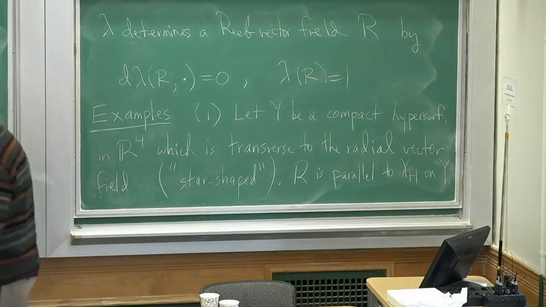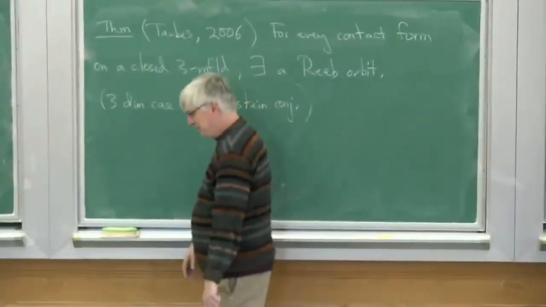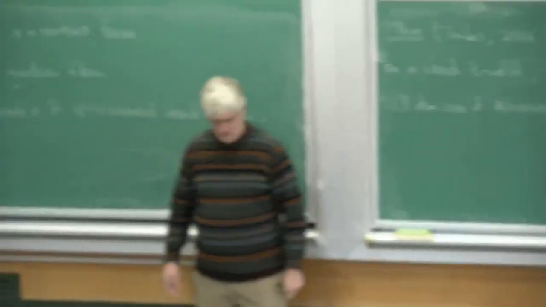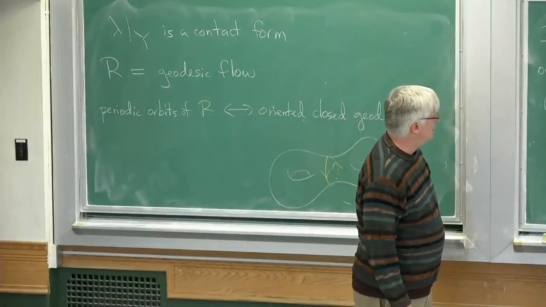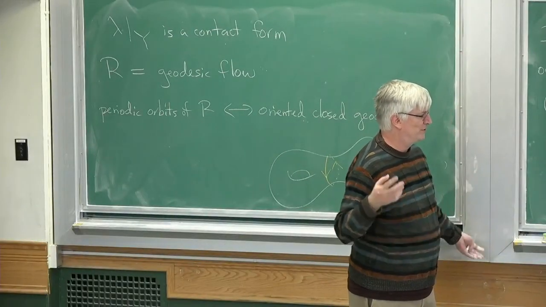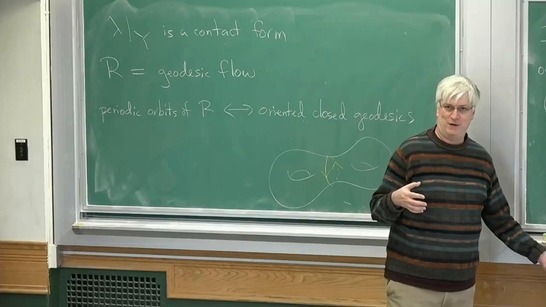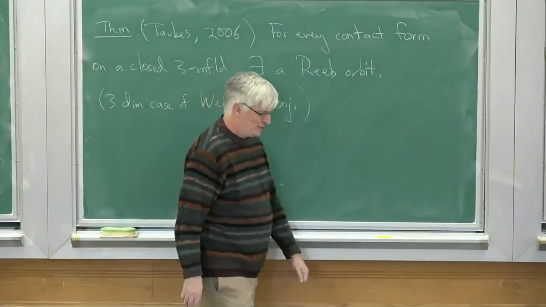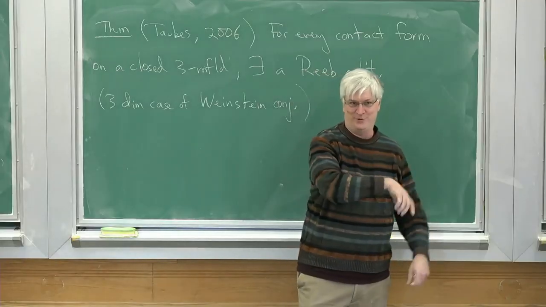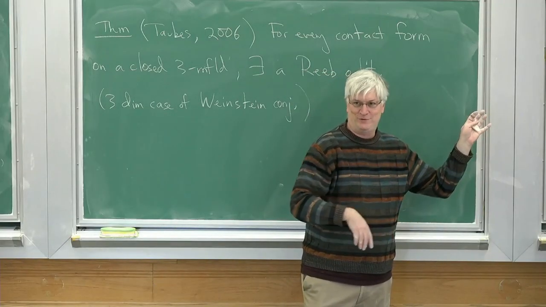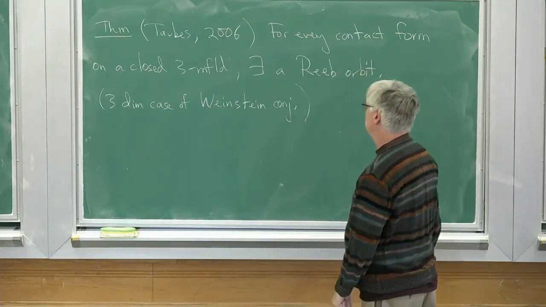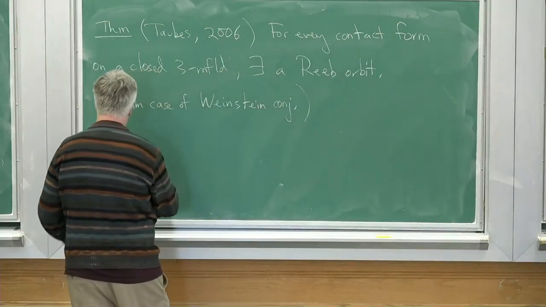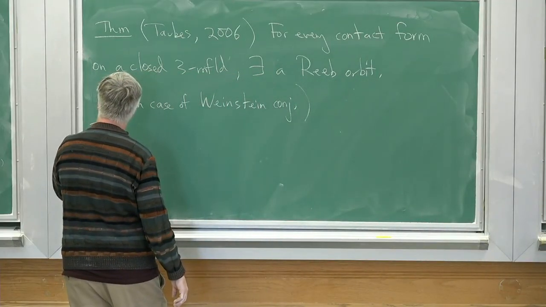Now you could say, all right, that's very nice. But if you try to make examples, you usually find lots of Reeb orbits. They're sort of like weeds: you pull weeds and then other weeds sprout up. It's really hard to get rid of all of them. So you could try to improve on this result.